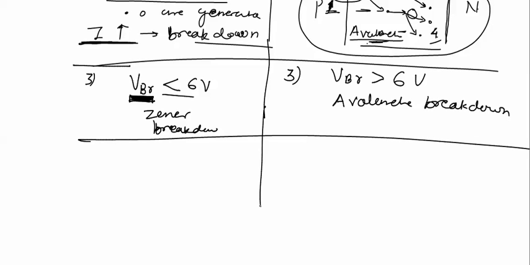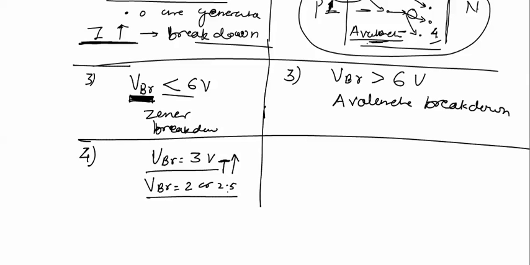The next difference is the temperature coefficient. For example, if we are getting a breakdown at 3 volts in a diode, and we increase the temperature of the diode, then practically it is seen that the breakdown will occur at either 2 or 2.5 volts, meaning the breakdown can be obtained at lower voltages.